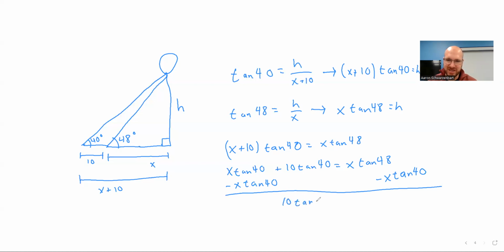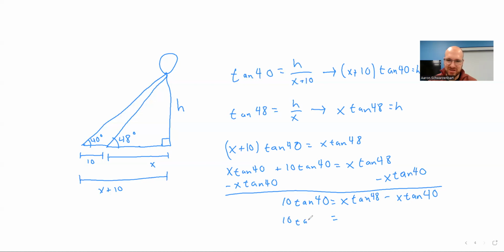Now, the hard part is I can't just add x tangent 48 and x tangent 40 like I would 2x and 3x. I mean, I suppose I could get the decimals for it, but I'm going to show you a little bit more advanced way that doesn't involve writing crazy decimals.